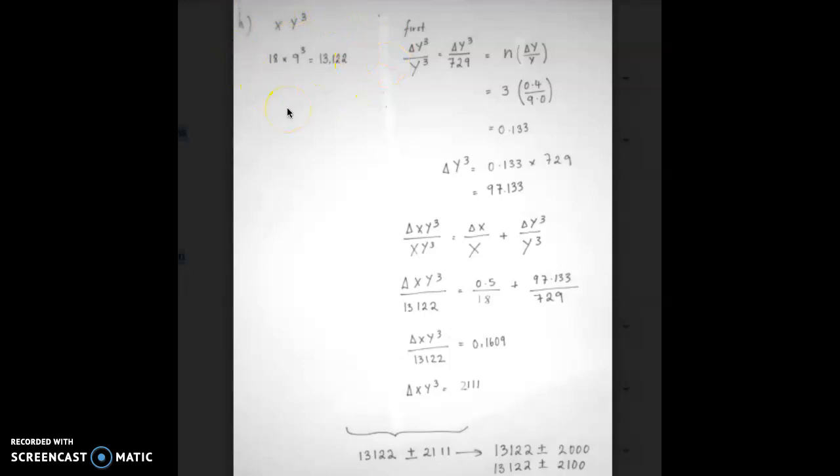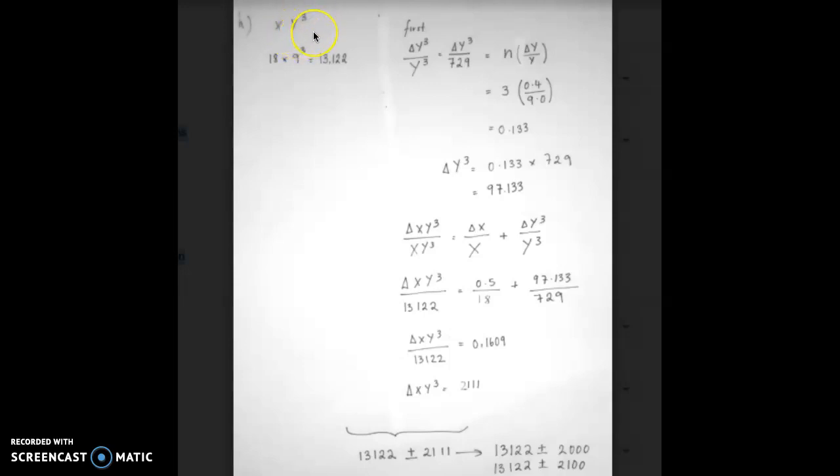Now to work out the uncertainty in xy cubed, we need to think about two different things. We need to think of this as a multiplication between two terms, x and y cubed, so we have to consider the uncertainty in x and the uncertainty in y cubed. First we need to figure out the uncertainty of y cubed.